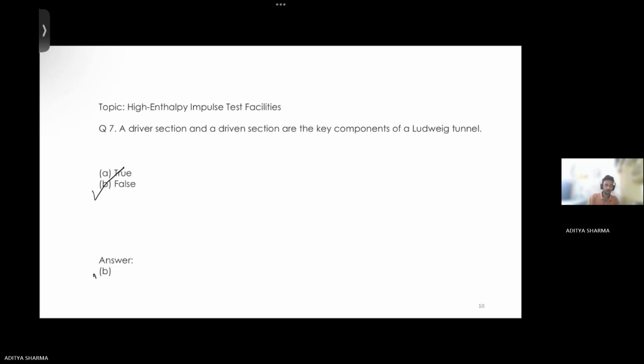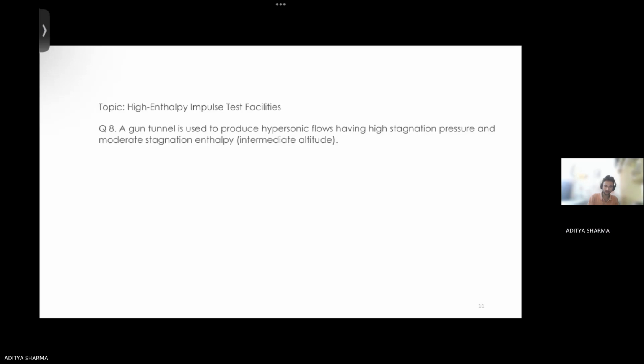So let's move on to the next question. The question is based on high enthalpy impulse test facilities.